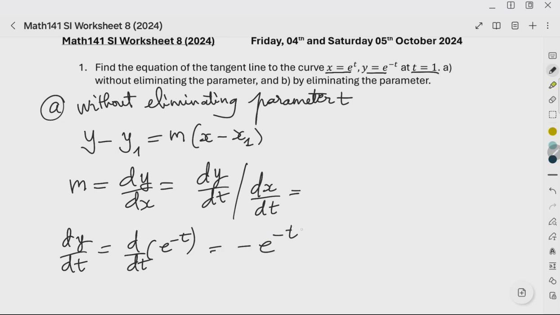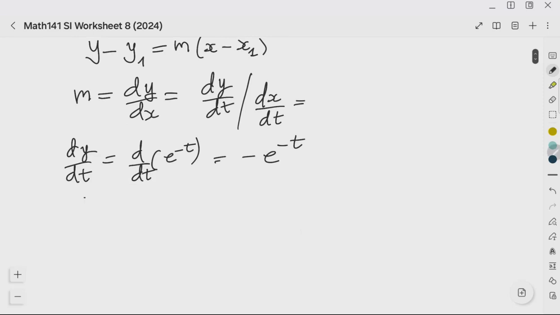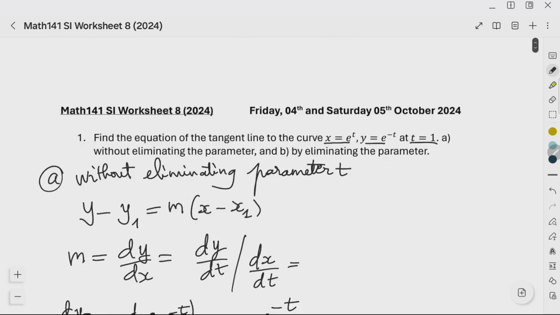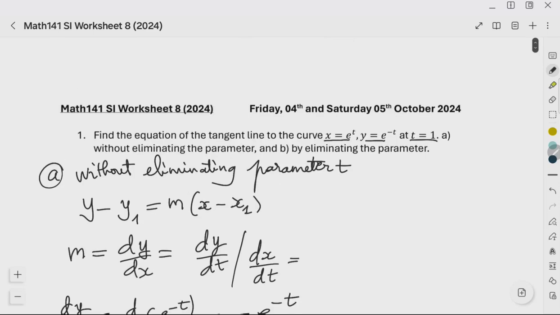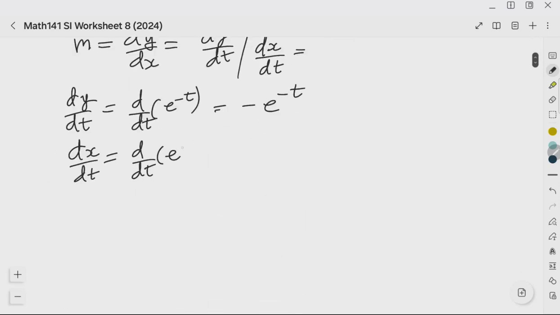Hopefully that's clear for you guys. And then also we have dx over dt, which is just the derivative in terms of t of e to the t, which is just e to the t.